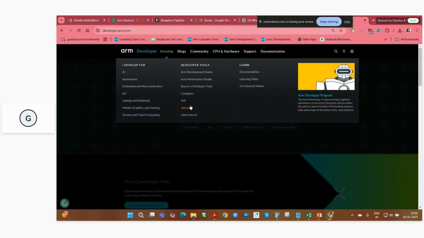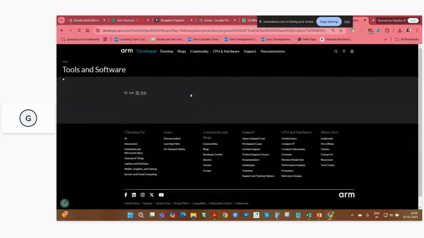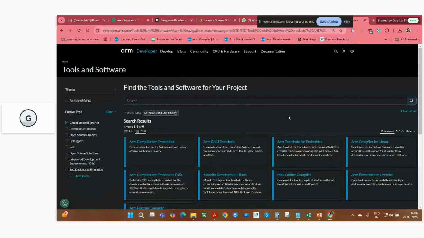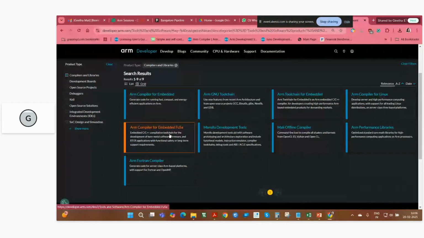Go to develop and go to compilers. Sometimes this site becomes very slow. Okay, it's coming. So here you can see ARM compiler for embedded, then ARM compiler for embedded FuSa.